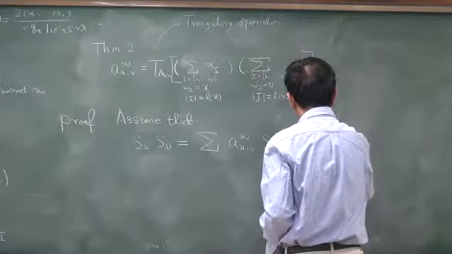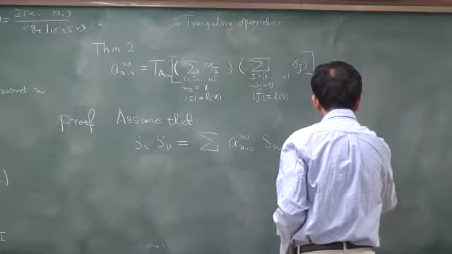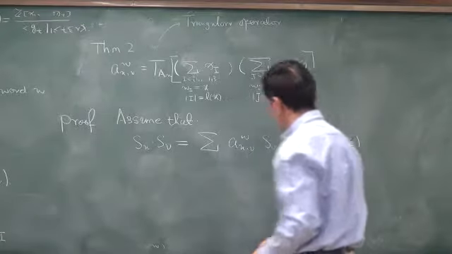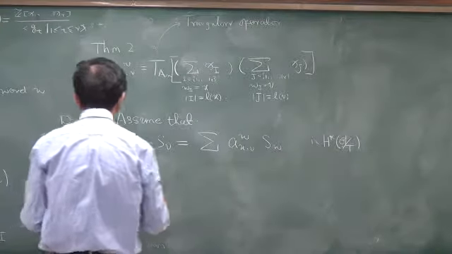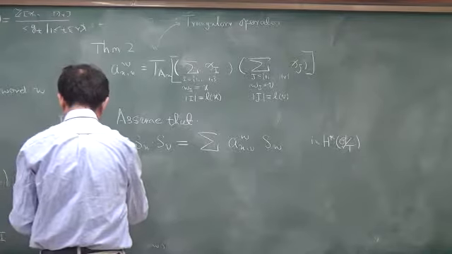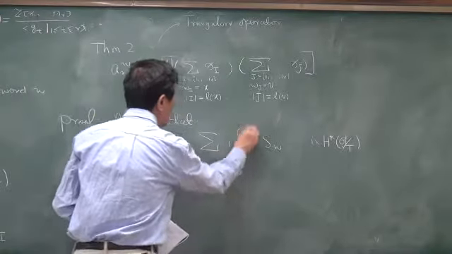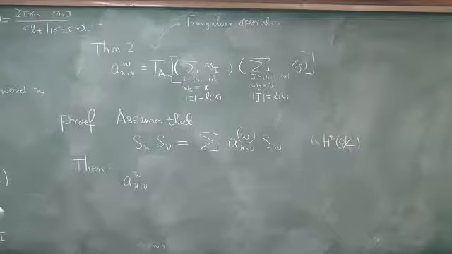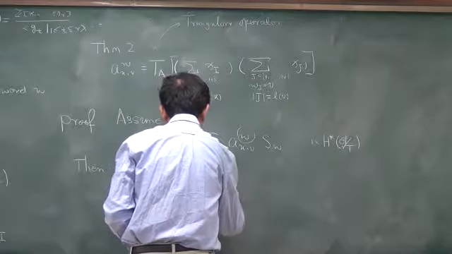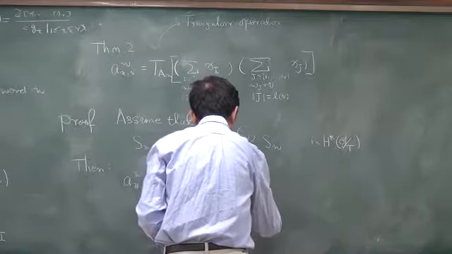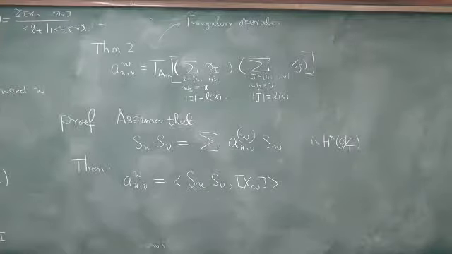This should be an equality in the cohomology of G mod T. By the property of the Kronecker pairing, with this assumption, let me fix a W. Then this number is equal to the Kronecker pairing between the product and the Schubert class corresponding to the fundamental cycle.